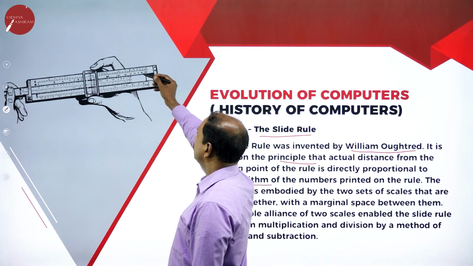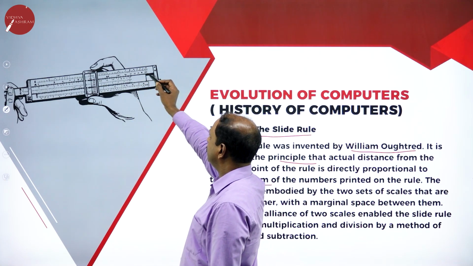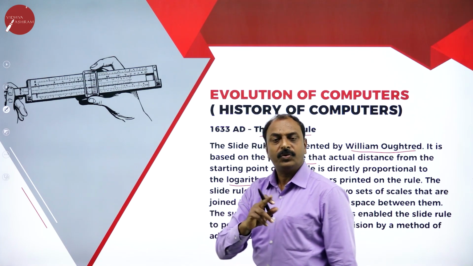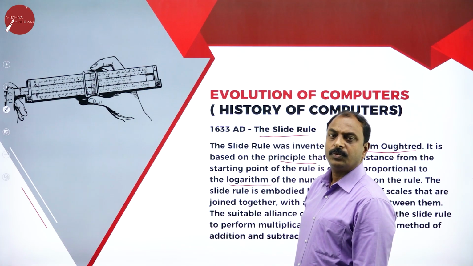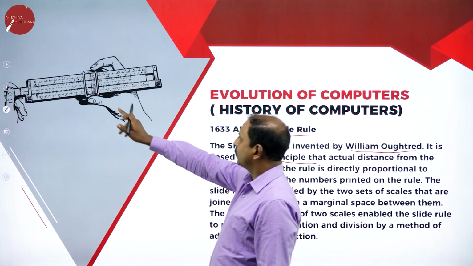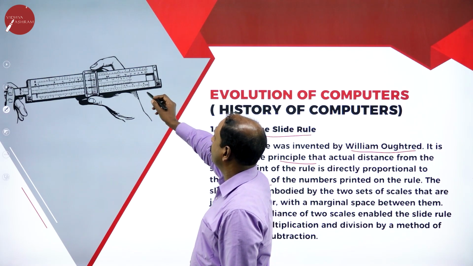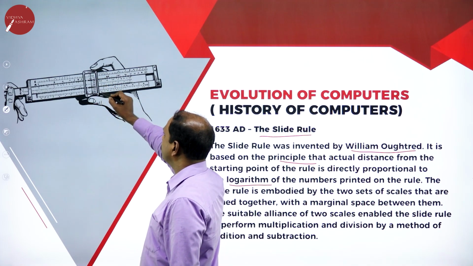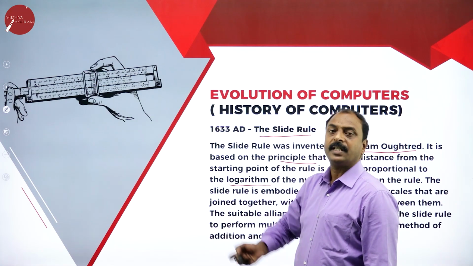Because these slides are movable. By moving these slides from left to right, people in those days could multiply 2 numbers and divide 2 numbers, and the result would be displayed within a small window or a small opening. So this is a slide rule.